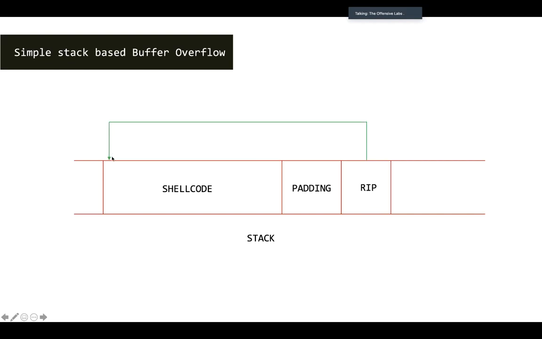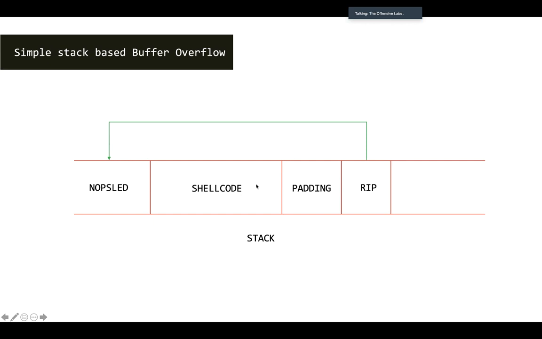But just to give some room for error, we placed some NOP sled in the beginning instead of directly placing the shellcode. And we managed to redirect the execution to this NOP sled, and once the execution lands on the NOP sled, it slowly redirects to shellcode, and the shellcode gets executed.